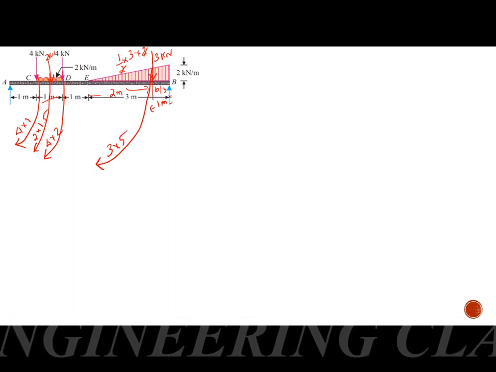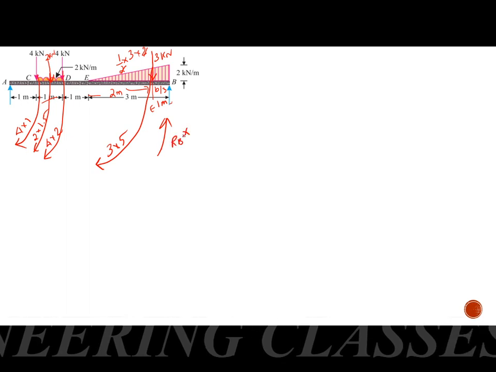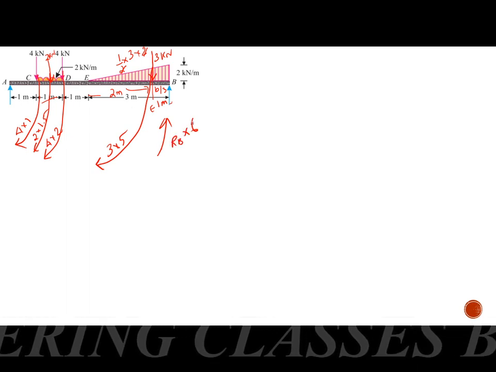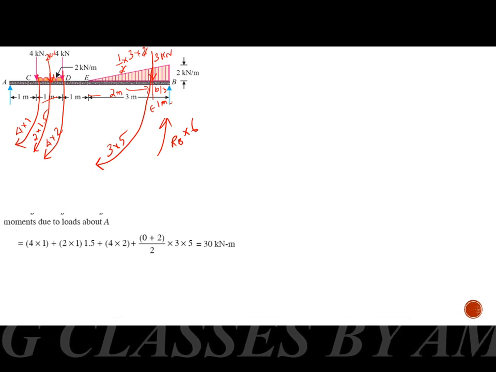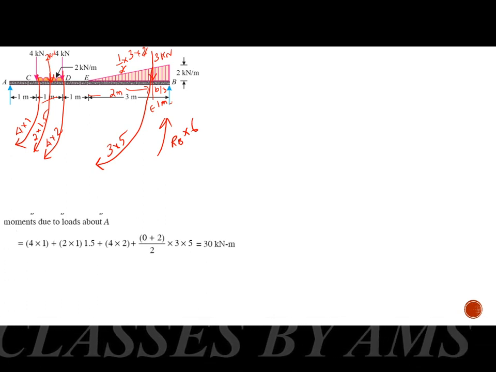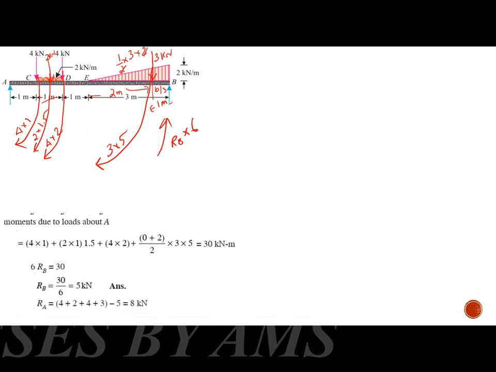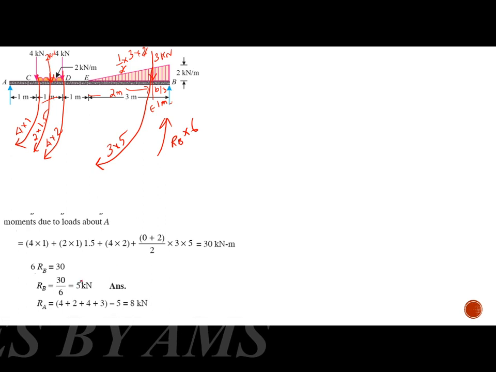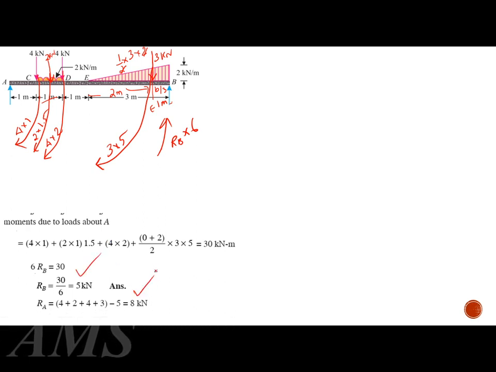And RB creates an anti-clockwise moment equal to RB into 6. So this is the total clockwise moment and this is the total anti-clockwise moment. We will equate these two to obtain the value of RB, and equating upward and downward force, we will obtain the value of RA.